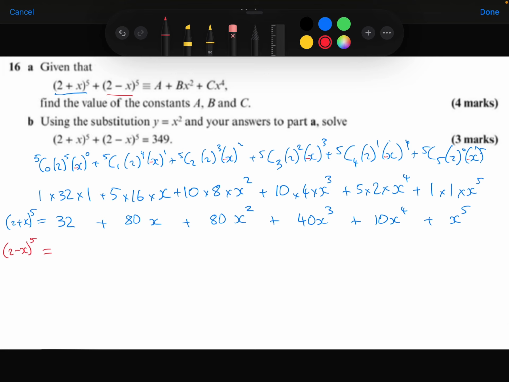So the first term, the (-x) to the power 0, well, that minus will have no effect at all there. Anything to the power 0 is 1. The minus makes no difference at all. So my first term will still be 32. My second term will have a minus x here now though. So I will now have a minus 80x. My third term, the (-x) when it is squared would now be a positive x squared.